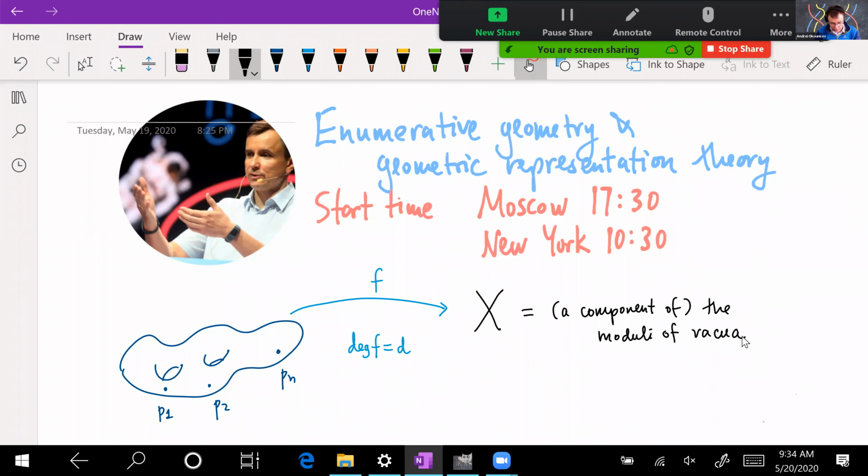If your surface is very, very big, which you can certainly assume computing the index, then a low energy state would be a modulated vacuum, and this map f describes the vacuum modulation, like how the actual vacuum changes from point to point in this Riemann surface.